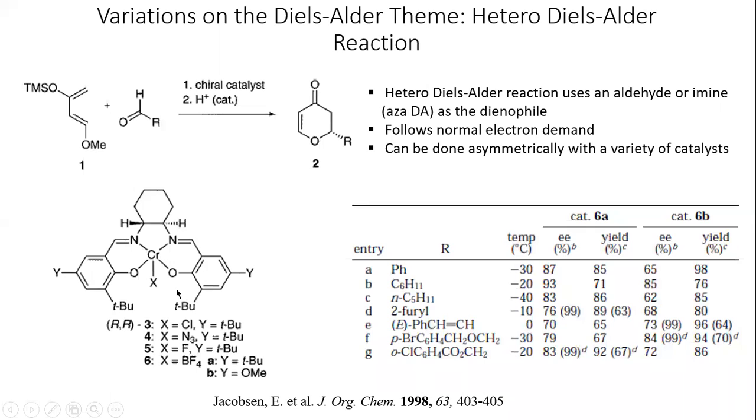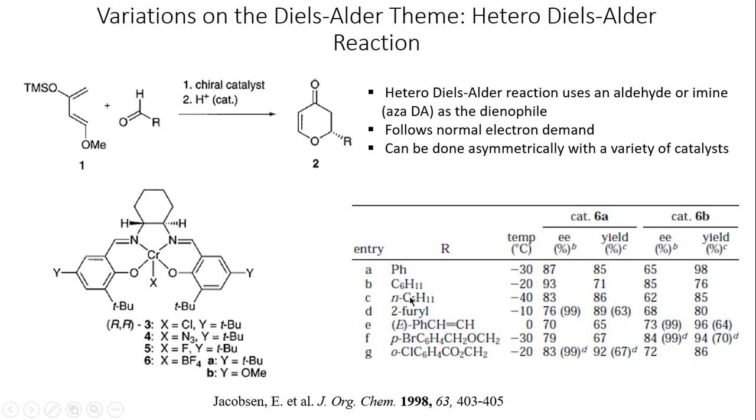So you can see here X can be a chlorine, it can be an azide, fluorine, or BF4. And then Y you can swap out with different alkyl groups, or even an alkoxy group. And the neat thing about this is that it was really one of the first reactions where this was done asymmetrically.